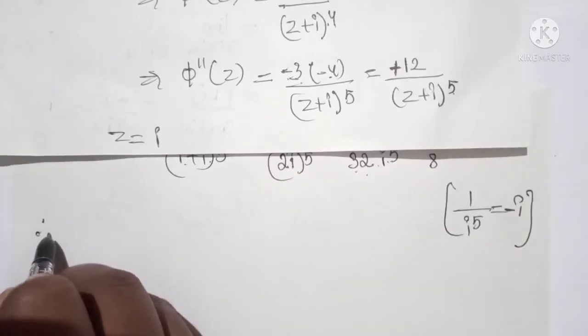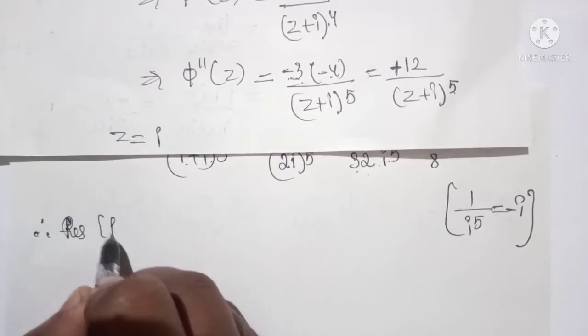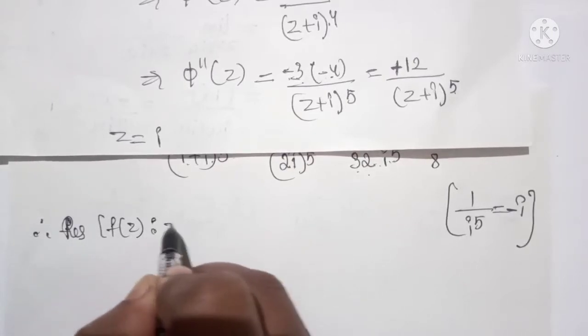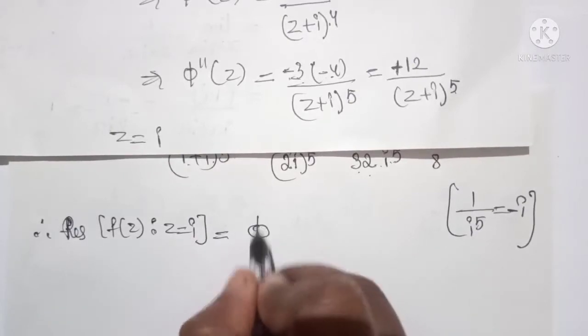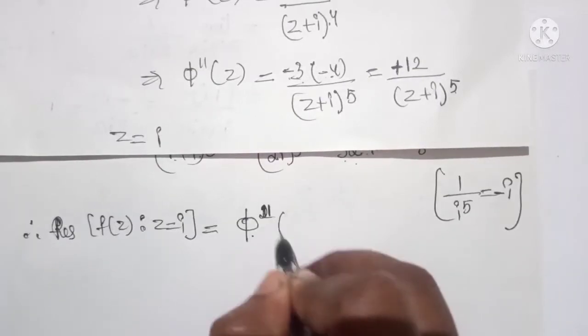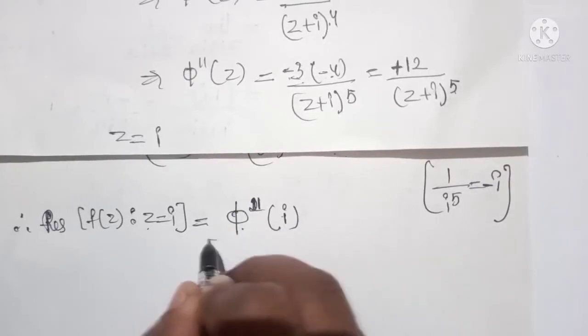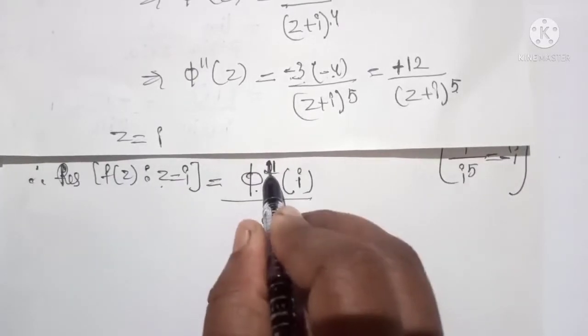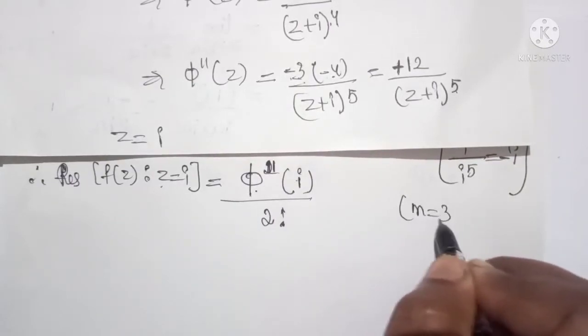Therefore the residue of f of z at z equals i is phi of m minus 1, that is 3 minus 1 which is 2, double dash at z equals i, divided by 2 factorial, because here m equals 3.